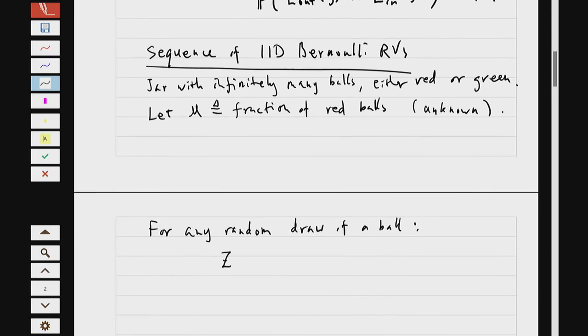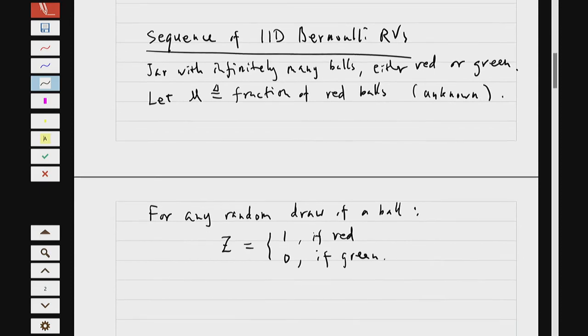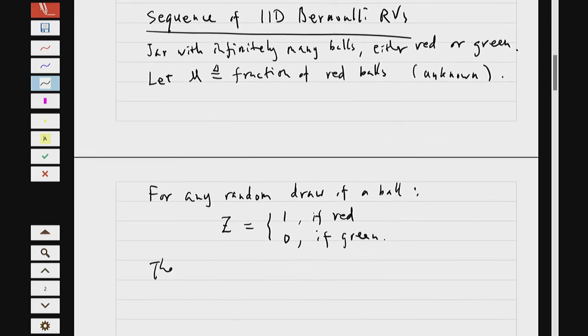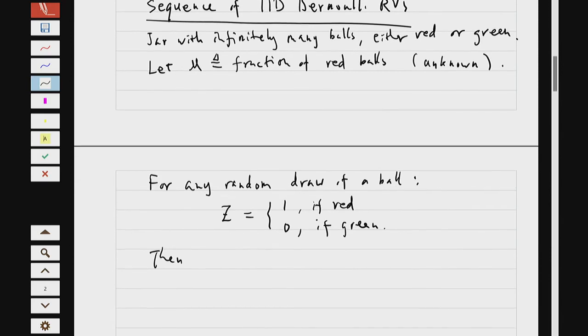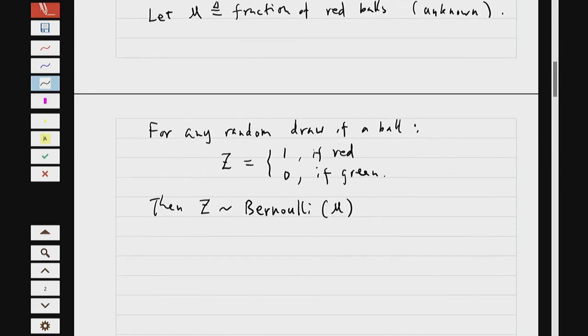Let's define this capital Z. It's a random variable that is 1 if the ball is red, and 0 if the ball is green. Then clearly, Z is a Bernoulli random variable, because its value is 0 or 1, with the parameter mu, meaning the probability that it's 1 is mu, and the probability that it is green is 1 minus mu, because that's the fraction.